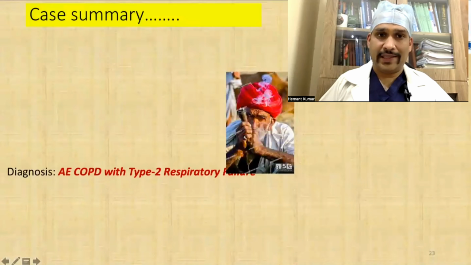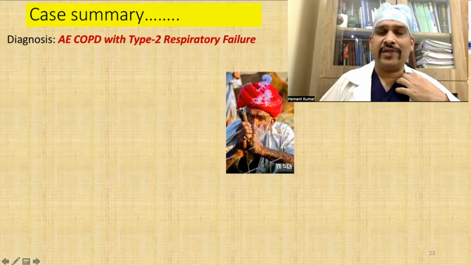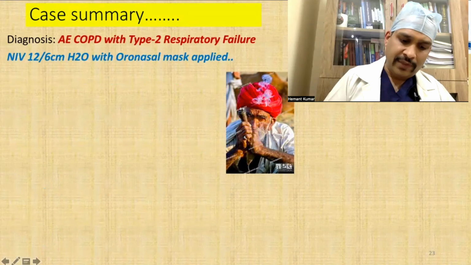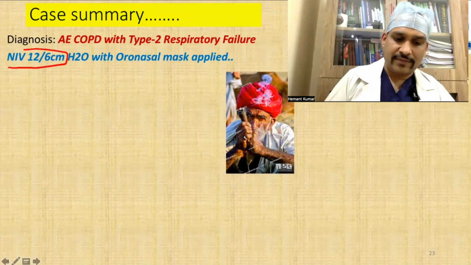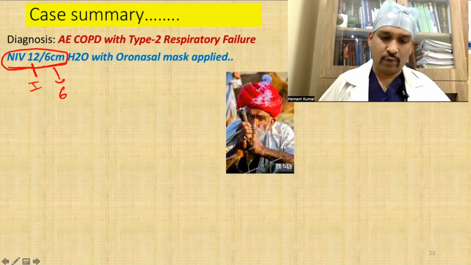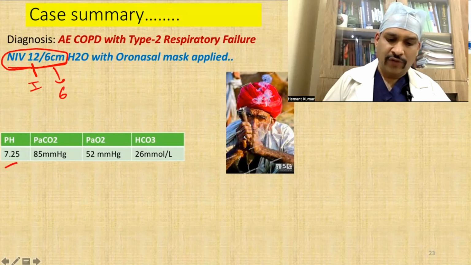So coming to our case. In our case, the diagnosis was acute exacerbation of COPD with type 2 respiratory failure. We gave NIV 12 by 6, meaning IPAP is 12 and EPAP is 6, with an oronasal mask. The ABG was pH 7.25, PCO2 was 85, PO2 was, this is the initial setting.